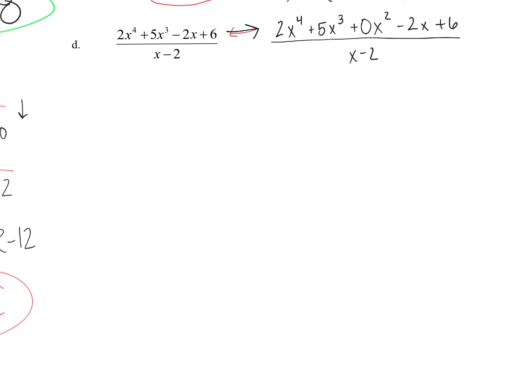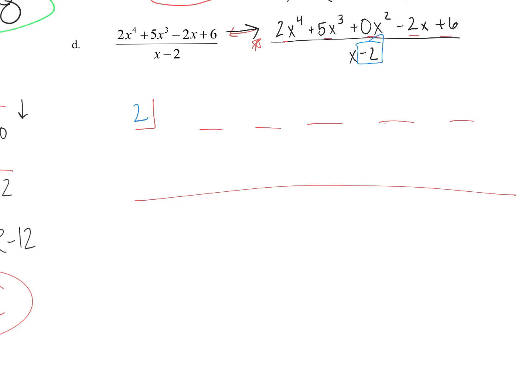So now from here, we can go ahead and set our problem up. I'm going to count my terms. So 1, 2, 3, 4, 5. So I know that I need 5 lines up here. Next step is to look at my bottom, and I see a negative 2. So I know that I need a positive 2 because I'm flipping the sign. I'm doing the opposite.